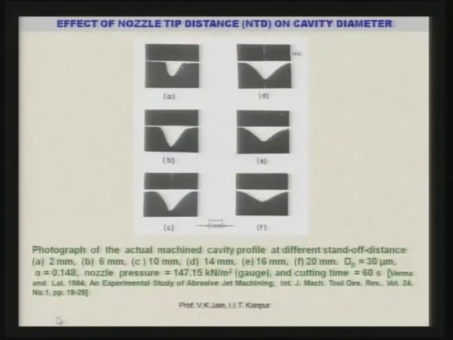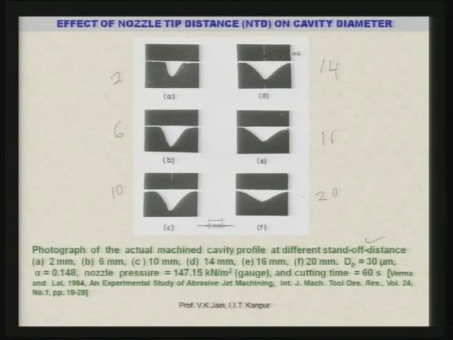Now, these are the actual photographs taken from the paper by Burma and Lal, published in the year 1984. You can see here A, B, C, D, E, F, all these are the cross sections of the workpiece machined at different nozzle tip distances or standoff distances. A is at 2 millimeter, B is at 6 millimeter, C is at 10 millimeter, D for 14 millimeter, E for 16 millimeter, and F for 20 millimeter.